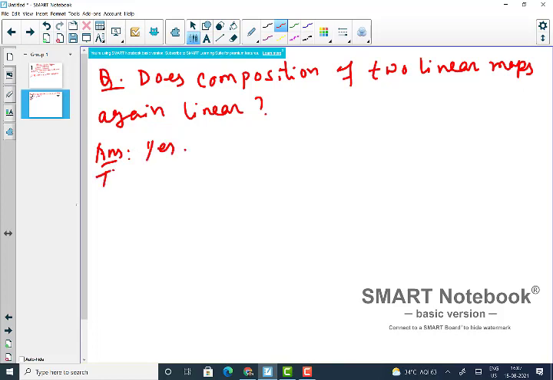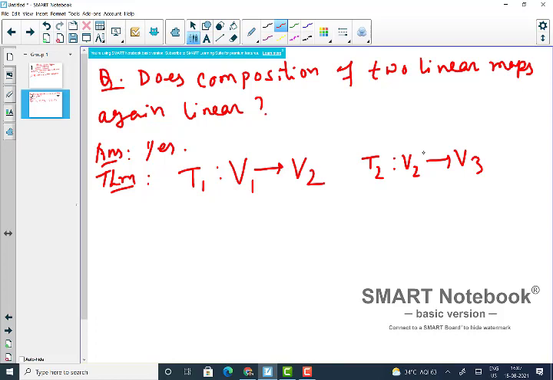So let me just write it down in terms of a theorem. Suppose you have two linear maps, say T1 from V1 to V2, and you have T2 from V2 to V3. So you have three vector spaces over the same field F. I am not writing that again and again.